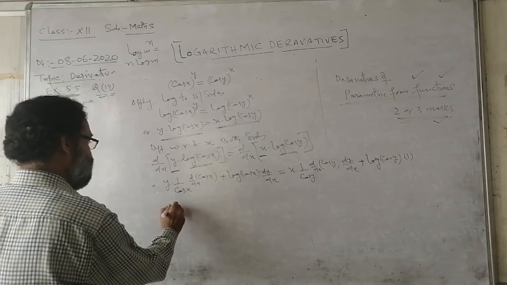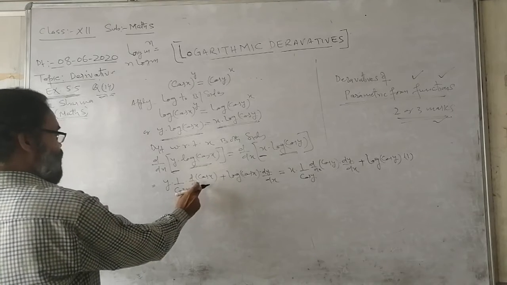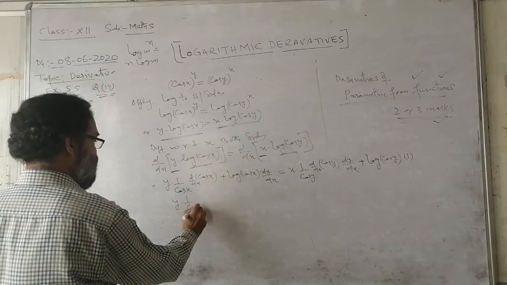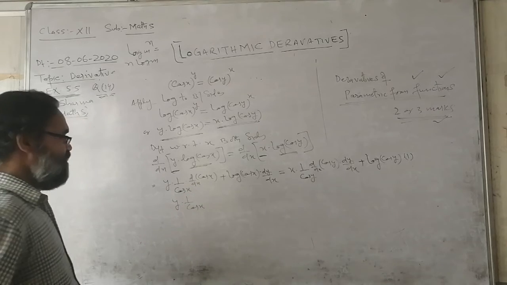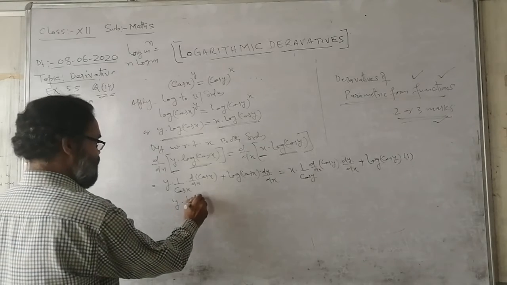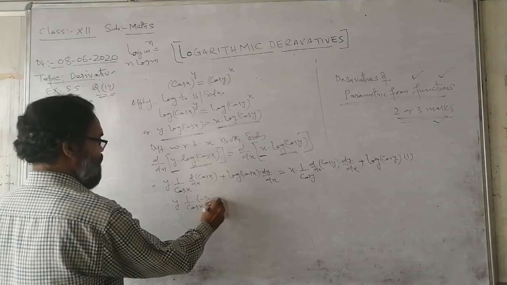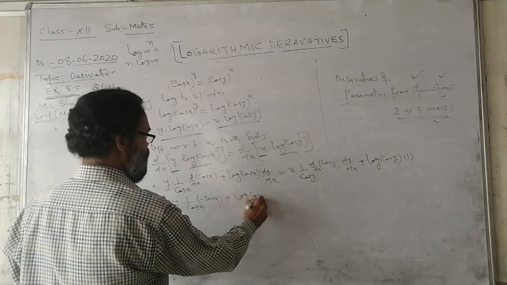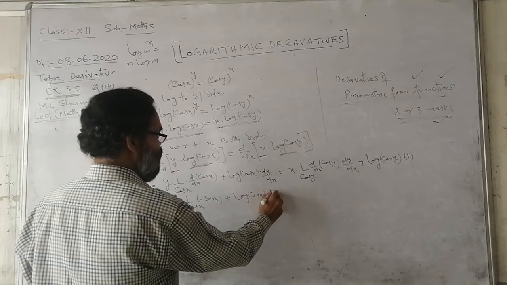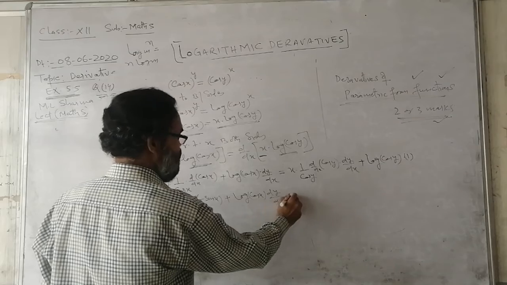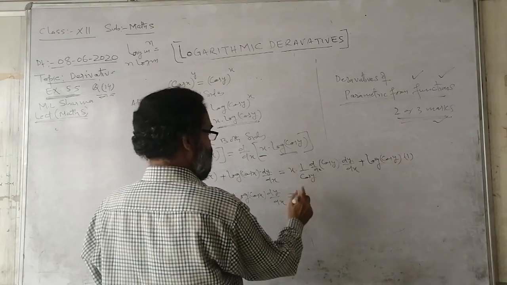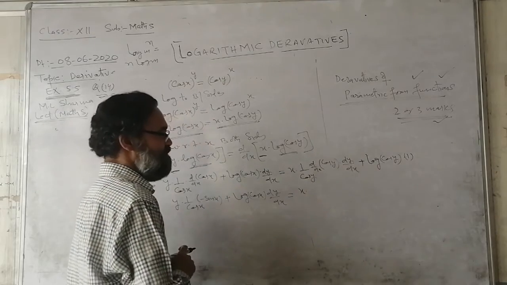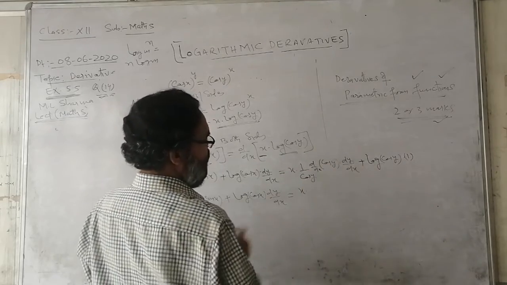So this will equal y into 1 upon cos x, derivative of cos x is minus sin x, plus log of cos x into dy upon dx equals, here, x times 1 upon cos y.